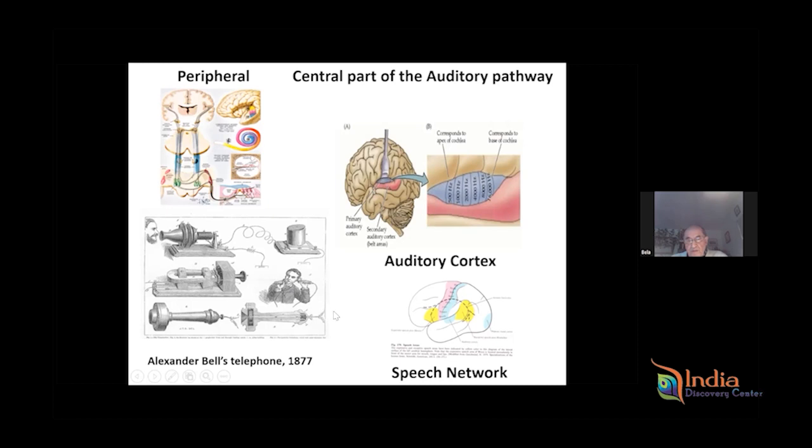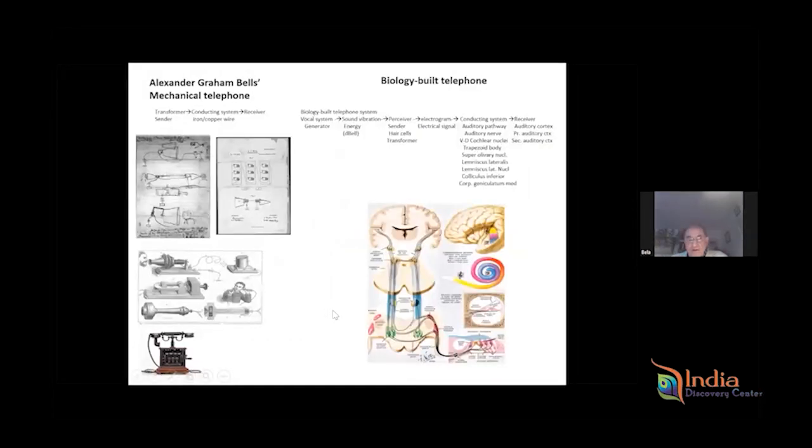And if we compare, here is Graham Bell's first design. So the sender, the wire connection, which can be iron or copper, because copper has a different property and conducts electricity better in the wire.